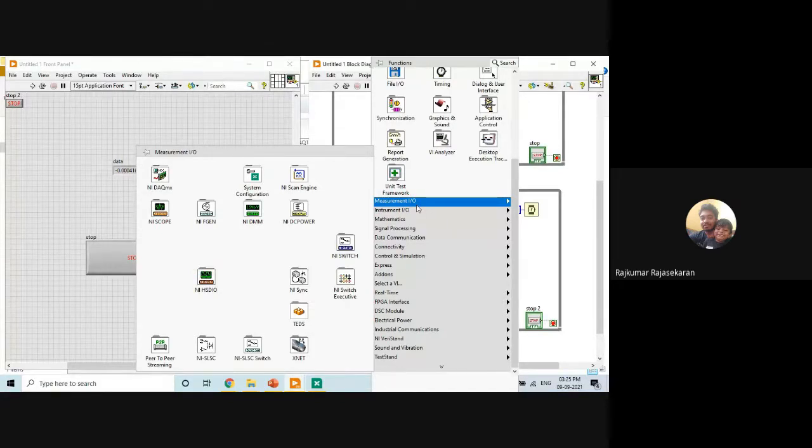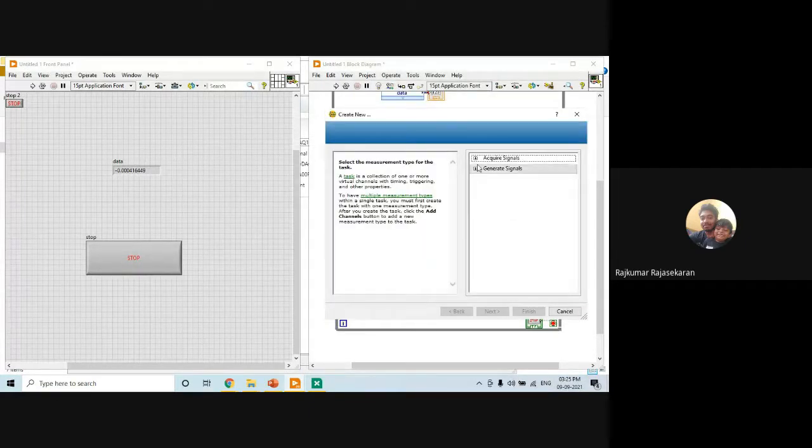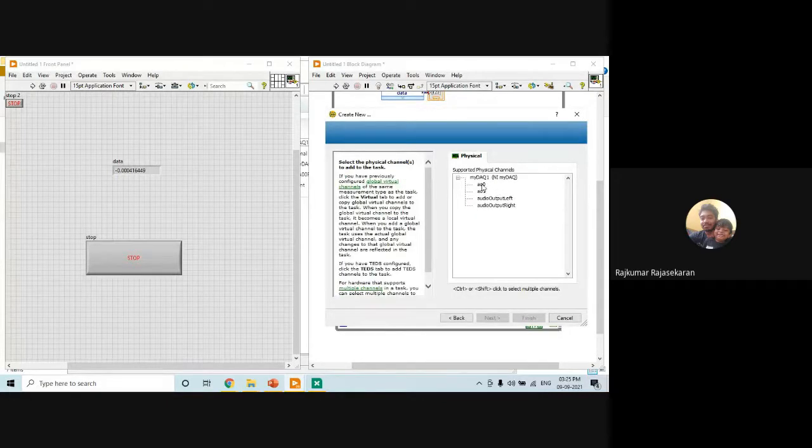I'm going to go to measurement IO, DAQ Assist, acquire. I need to generate analog output voltage. The reason I'm setting AO0 is because I have already made the connection, as you saw in my video. I've connected analog input 0 to analog output 0, so whatever I generate in analog output 0 will be reflected in analog input 0.